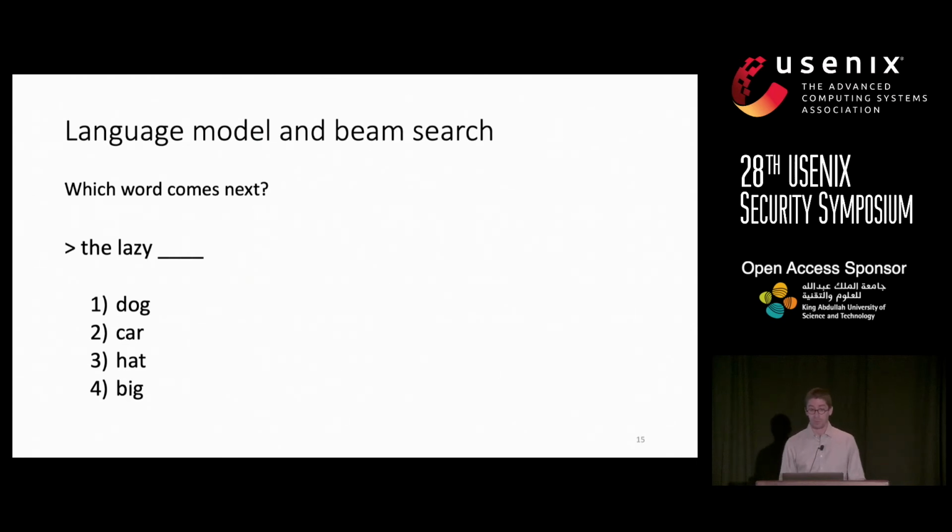Those word probabilities are then combined with a language model. In this case, we're leveraging the low entropy of natural language to make some predictions about what that query was. This is really a game of trying to complete the sentence, figuring out which word is most likely to come next following a sequence of words that you've already predicted.